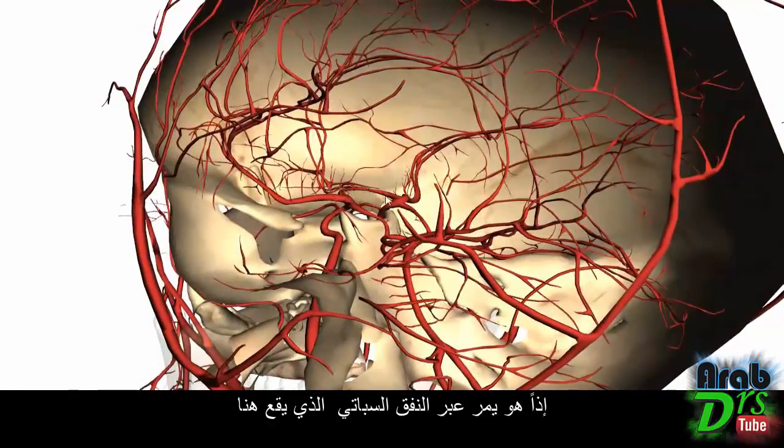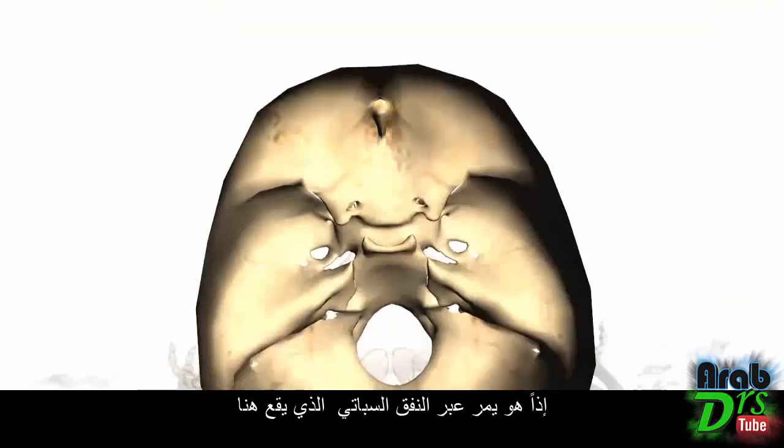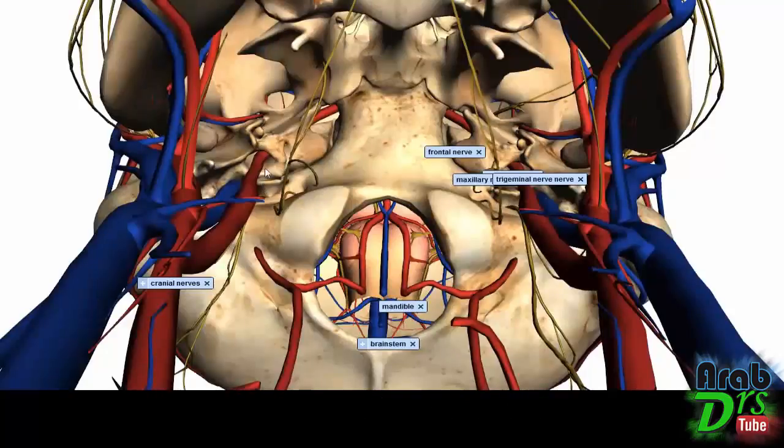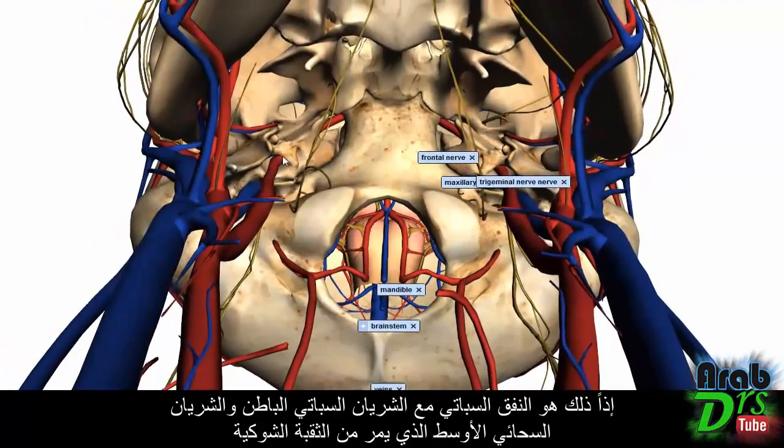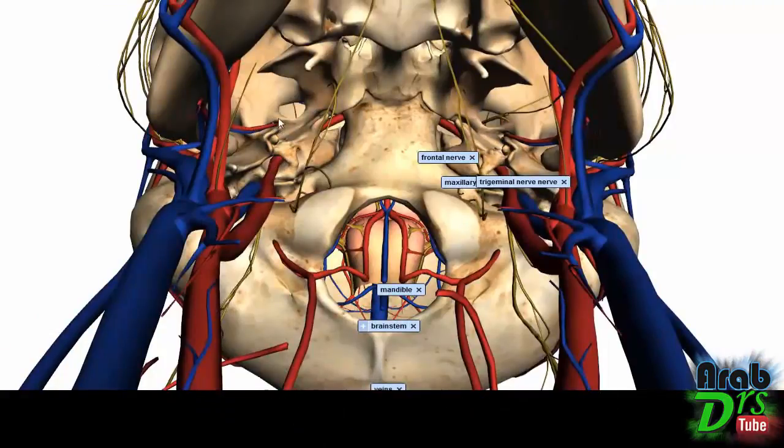So that passes through the carotid canal, which is here, and obviously you've got that on either side. Try and ignore these labels, they're just put up here for me to get the right display. But that's the carotid canal, with the internal carotid, and the middle meningeal artery passing through the foramen spinosum.